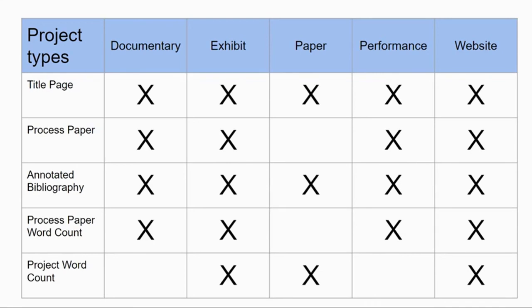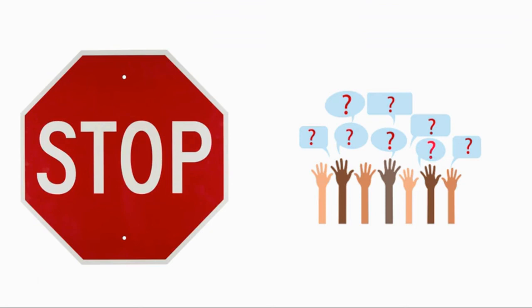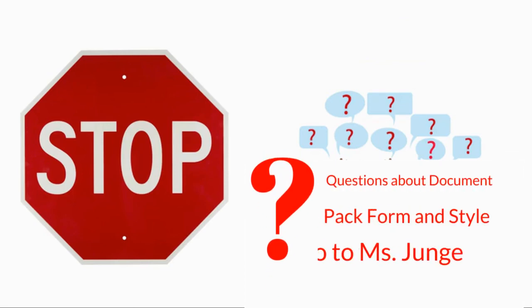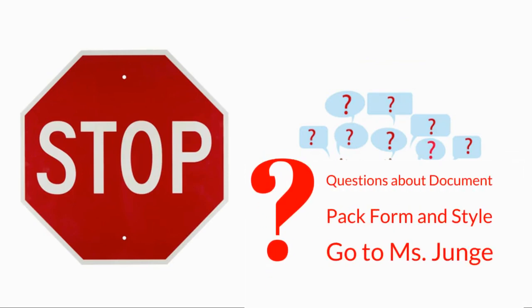So at this point, I want you to think if you have any questions that you need me to answer. And if we don't get to them in class, you can always send me an email. And if you have questions about the process paper or annotated bibliography, send them to me or ask me, because again, I am the person who grades all of these.